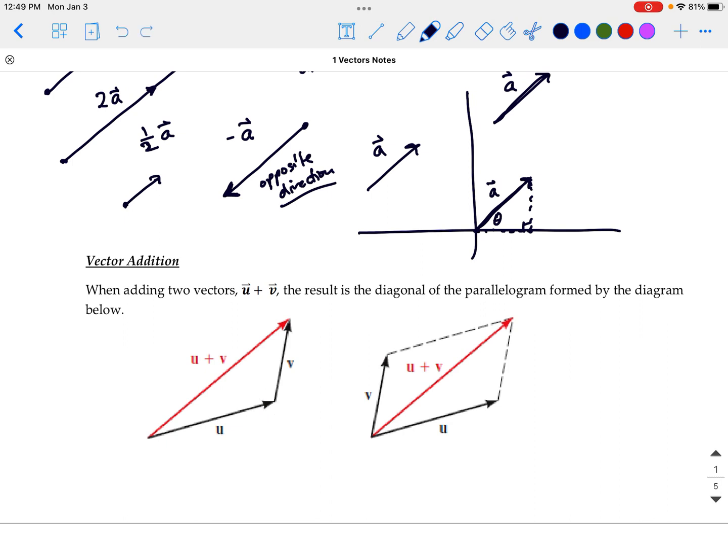So if I'm doing u plus v, that would be the same as taking u and then adding v. But something we could note here as well is that I could have also started with v and then added u. And what we end up with when we add vectors is we get this diagonal of a parallelogram.